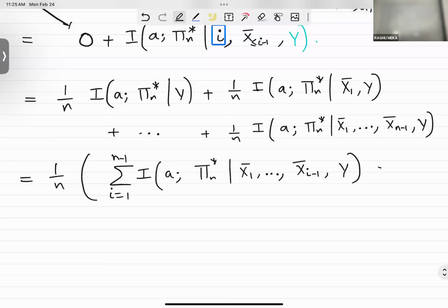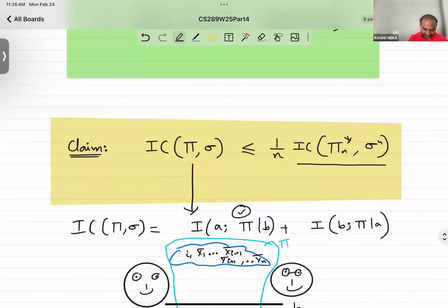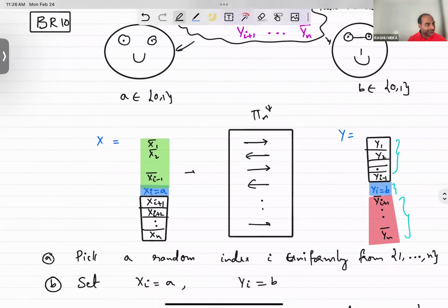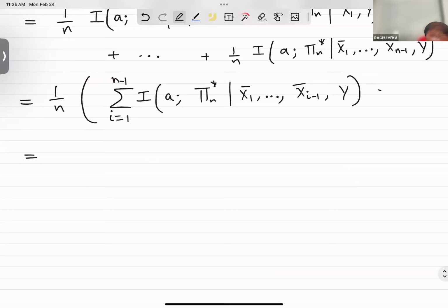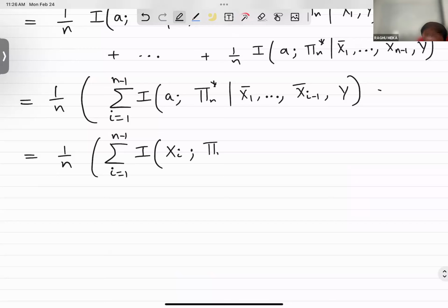What does this equation look like? Well, if I go back to our notation, we call this whole thing x, right? So in terms of x, what do we get? So this is just equivalent in slightly different notation to, this is just xi. I have pi n star. I have x1 up to xi minus 1, and then I have 1.